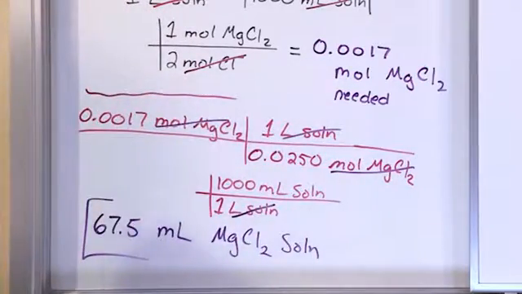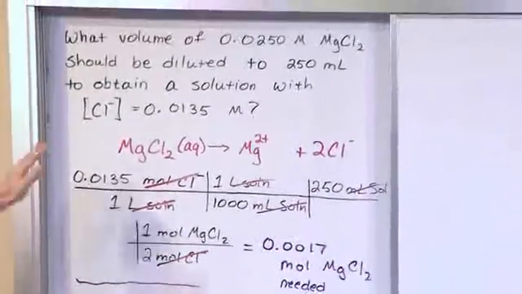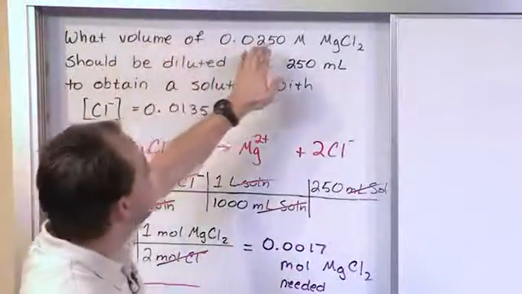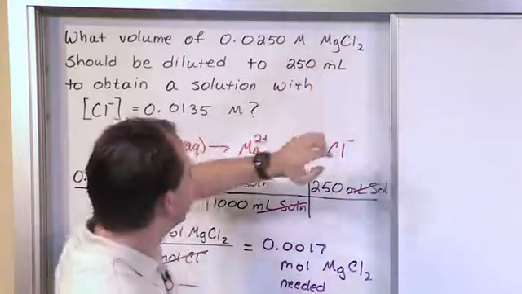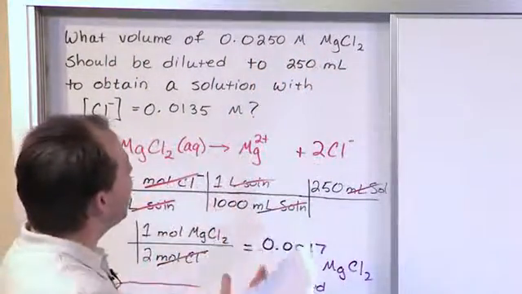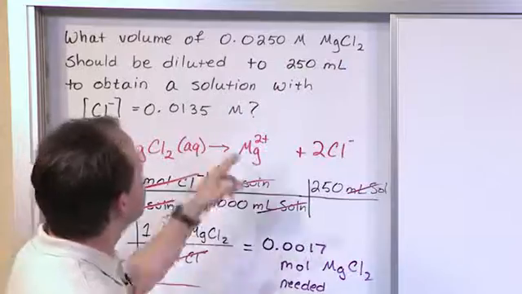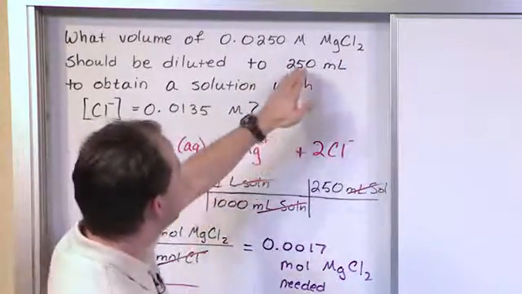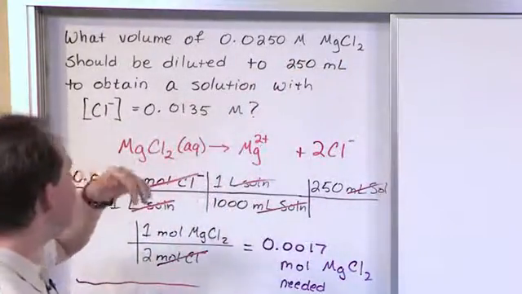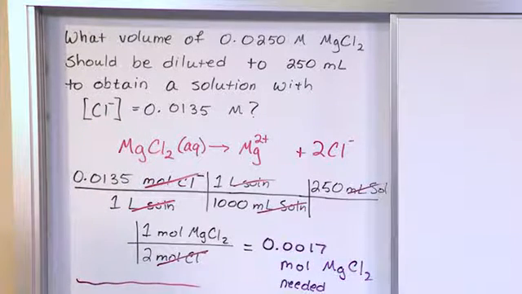Okay, so let's go back from the beginning. We're trying to calculate what volume we need to take of this concentration of the solution, such that if we take it and we dilute it down, whatever initial volume we start with, to 250 milliliters, the final concentration of chlorine is given there.